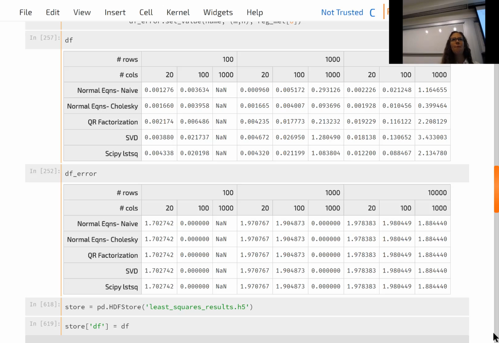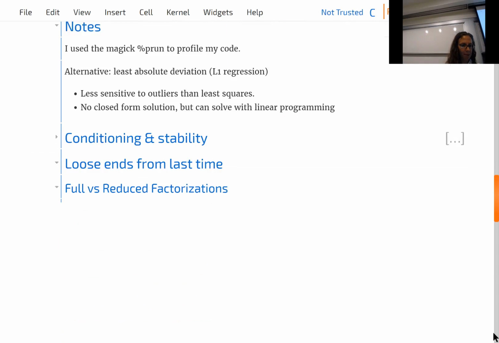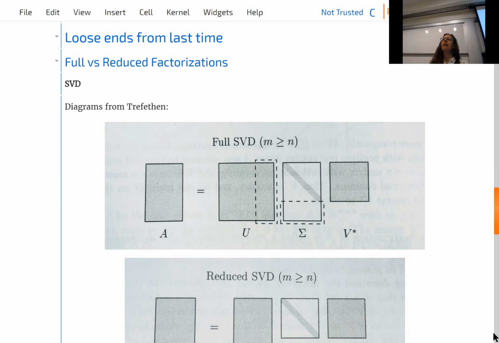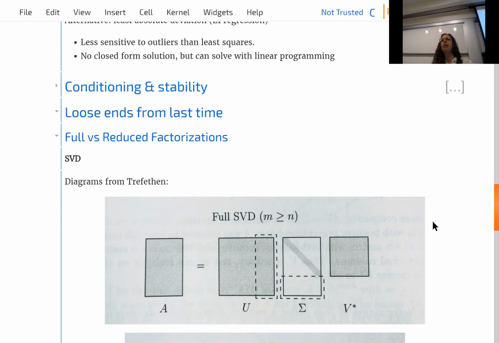All right. So I was going to follow up. We had some loose ends from last time for lesson 6 that I've added into the bottom of the notebook. And just to remind you, lesson 6 was about different ways of calculating the linear regression least squares.